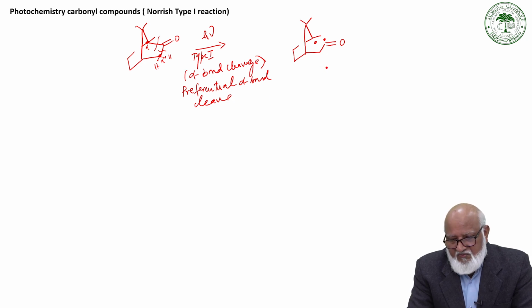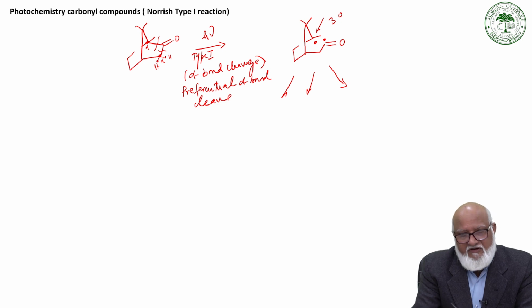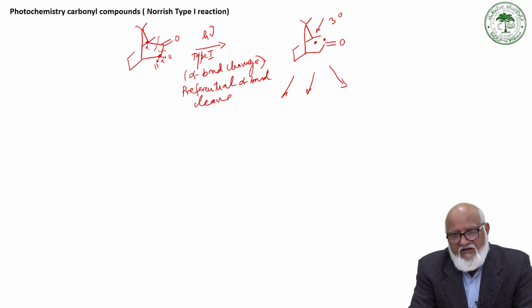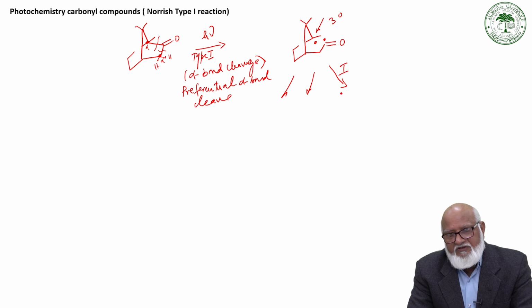This is a tertiary radical, and it is a more stable radical as compared to the other cleavage. So this will undergo a preferential alpha bond cleavage to give a carbon centered radical and an acyl radical. This is open for different pathways to drive the product.